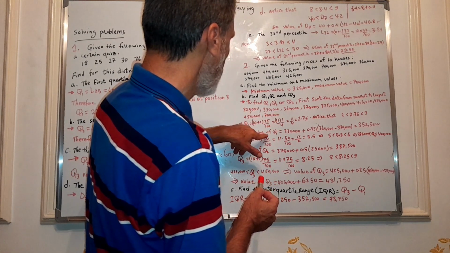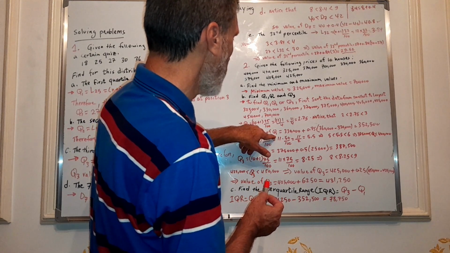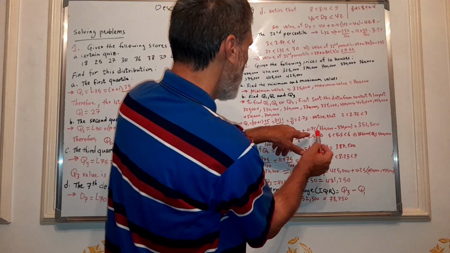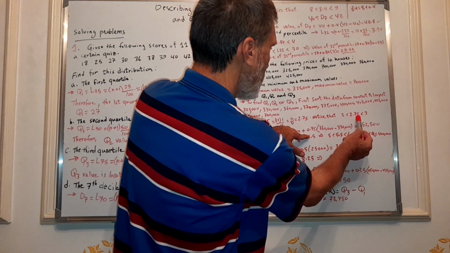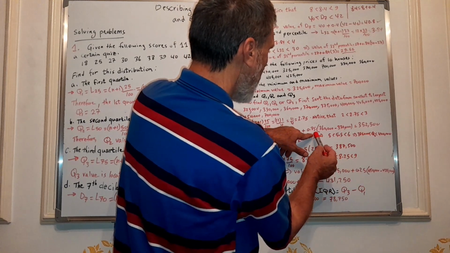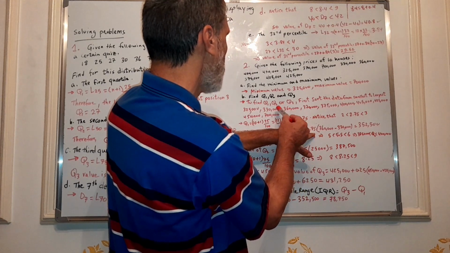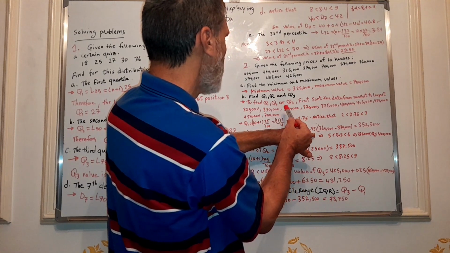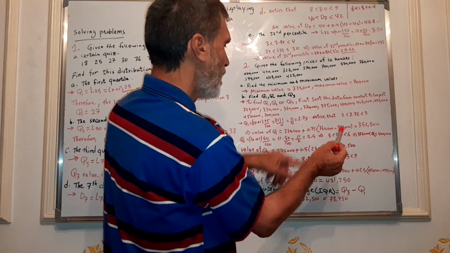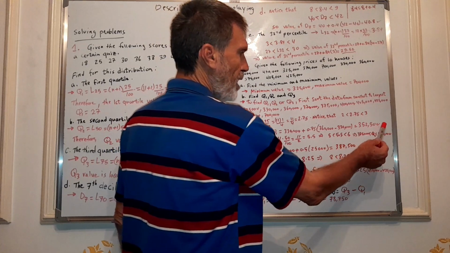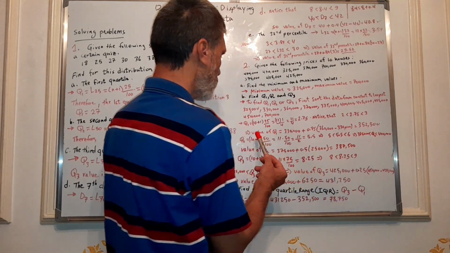So as you can see, the value of Q1 is going to equal 330,000 plus the decimal 0.75 times the difference between, of course, 360,000 and 330,000, which is what? 30,000. And we come up with 352,500. This is the value of the first quartile.